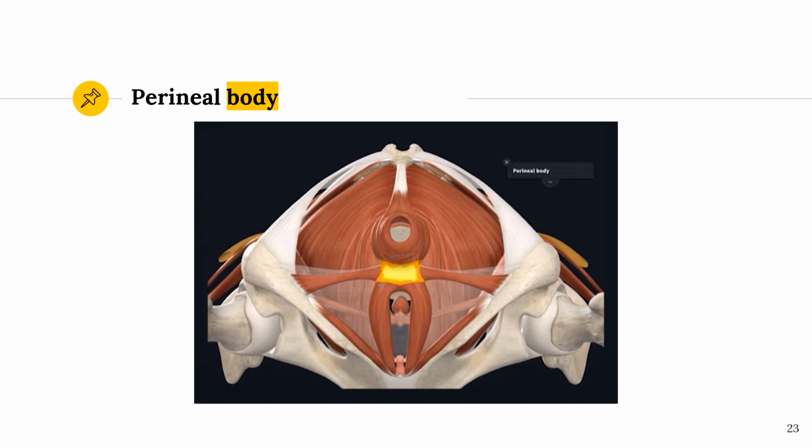Last but not least, another important structure which I believe you all know is the perineal body. By now, we should be able to appreciate that there are many muscles attached to it. For example, levator ani muscles, deep and superficial transverse perineal muscle, bulbospongiosus, puborectalis.